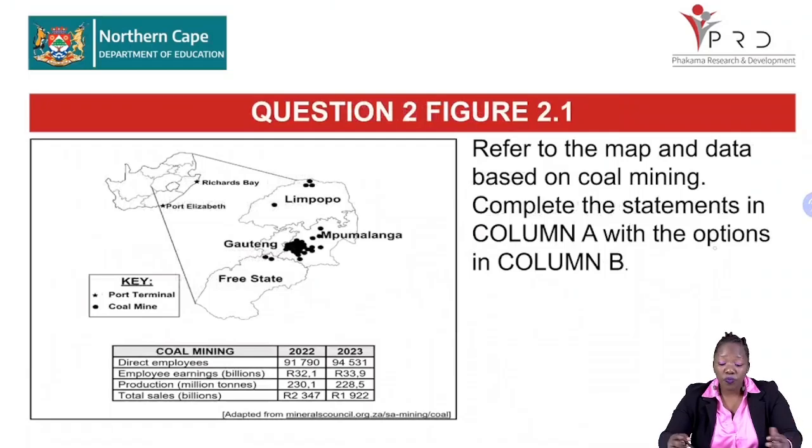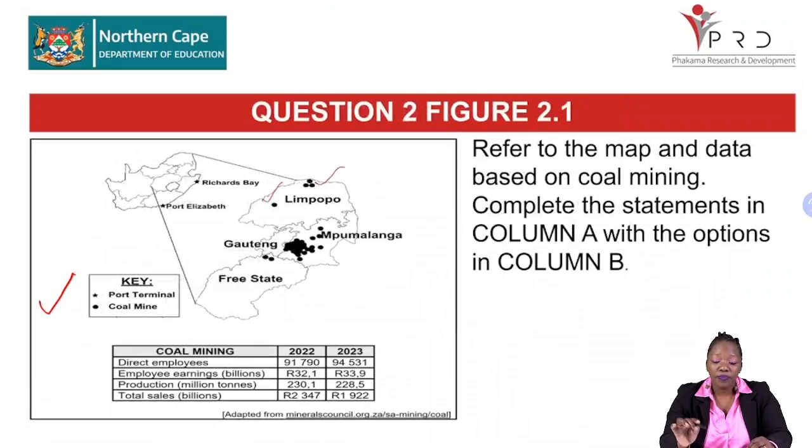So to go through the diagram or the map, we are given the key. We're starting with the key. There is a port terminal as well as the coal mine. You can see the port terminal has a star, and the dot is your coal mine. So you are given Limpopo with the coal mine as you see in the key.